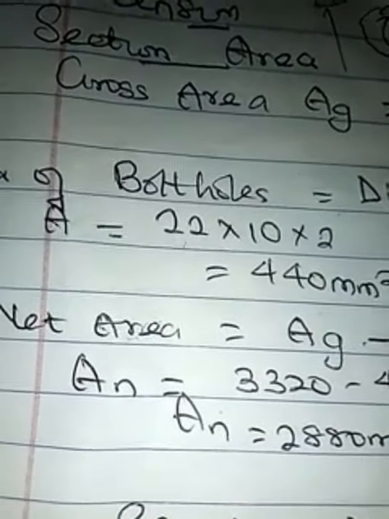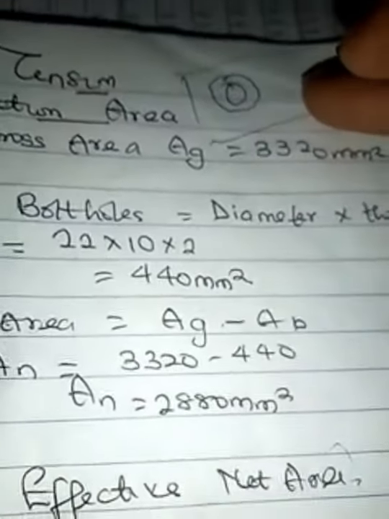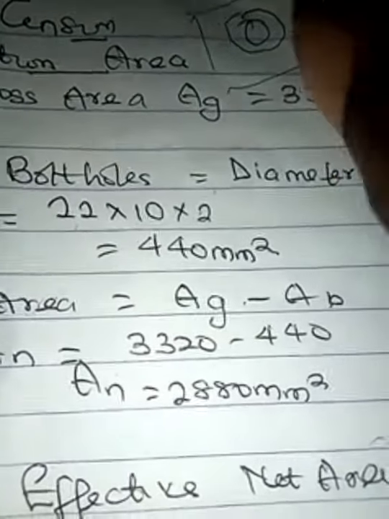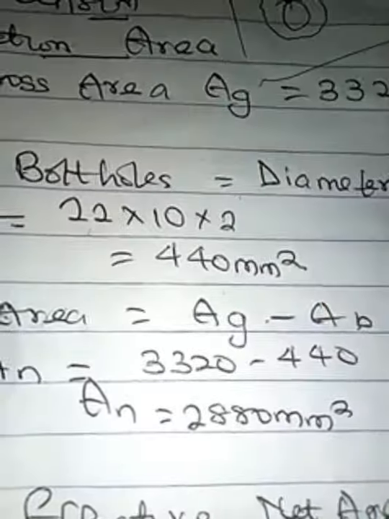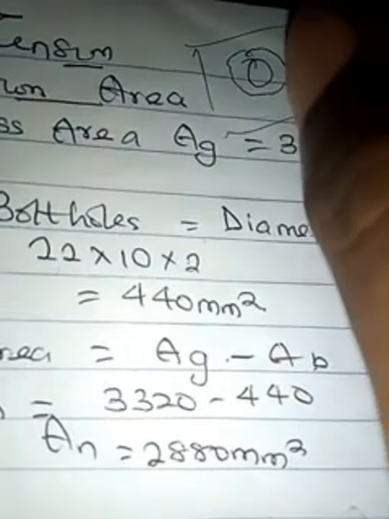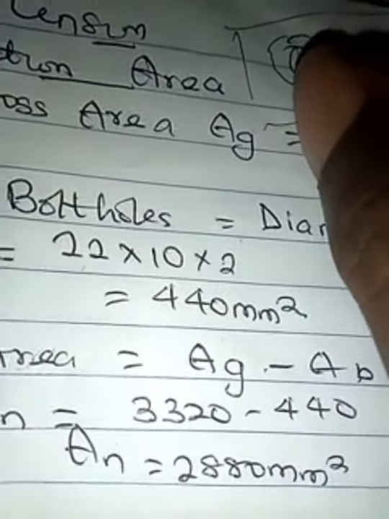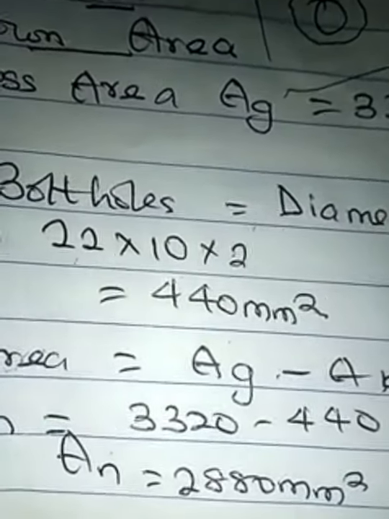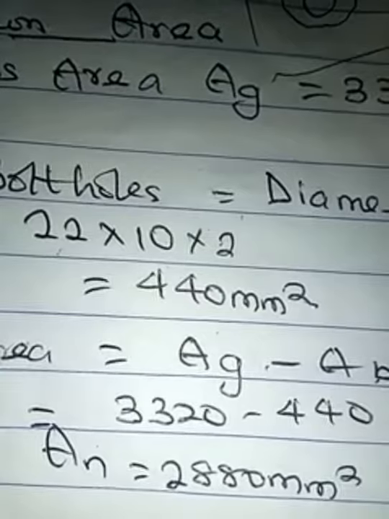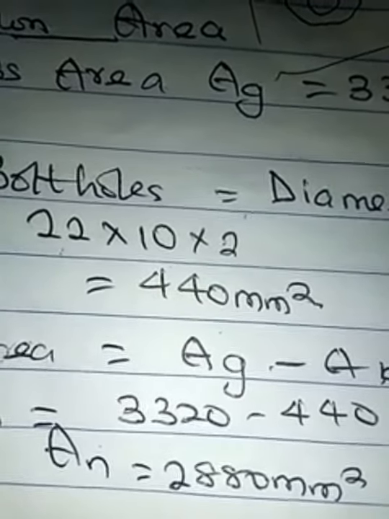Why do we want to get them? Because we want to get the net area. And to get the net area, we have to remove that missing area there. We have to remove the missing area, and there will be 2 bolt holes here. Are we good? So the formula for the area of our bolt holes will be the diameter of our bolt, which is 20, with a clearance that we've gotten from our table.